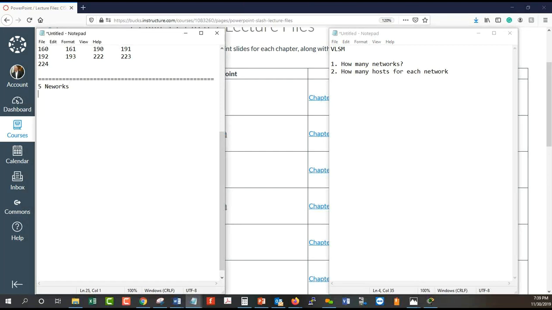And I'm going to say that there are going to be, for the first network, network A, 2. And network B, 2. And C is going to be 25.